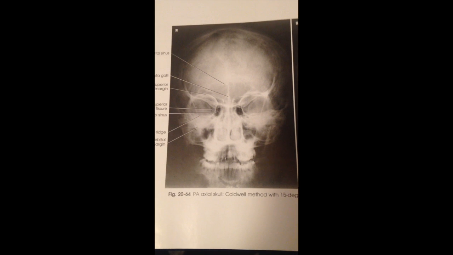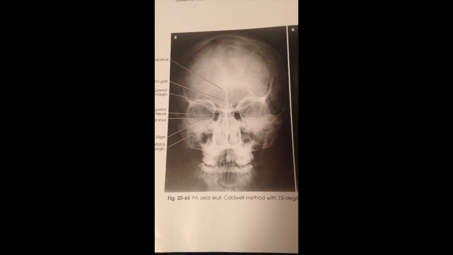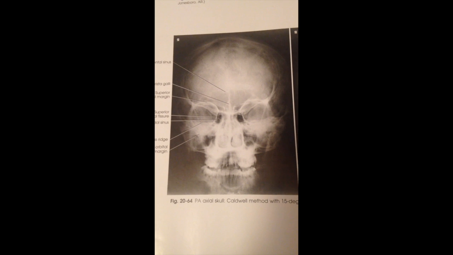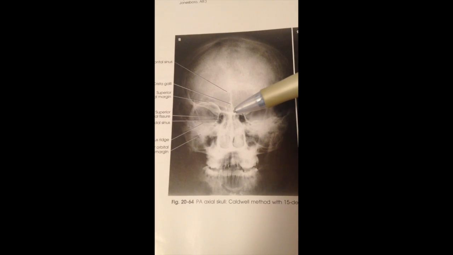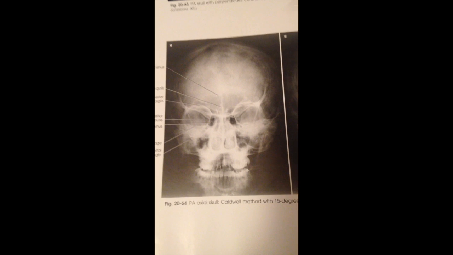Here is my PA axial projection, also known as the Caldwell method. The central ray is angled 15 degrees caudad and it exits the nasion. This image shows evidence of proper collimation. It shows the entire cranium without rotation or tilt.